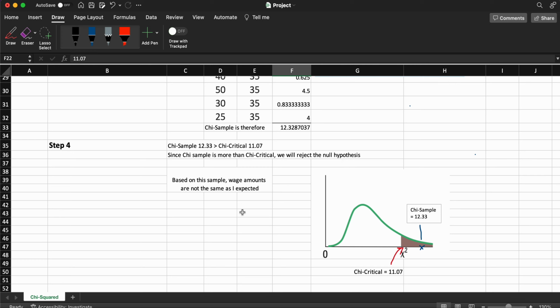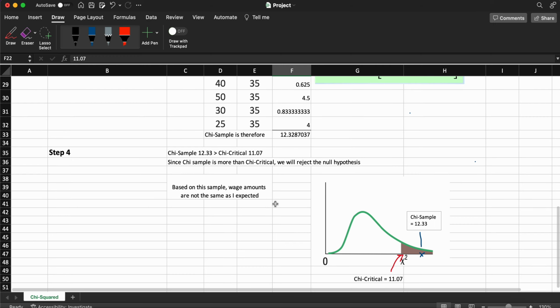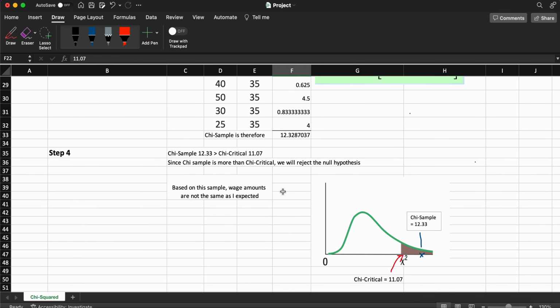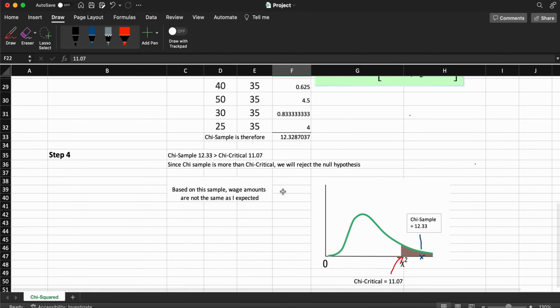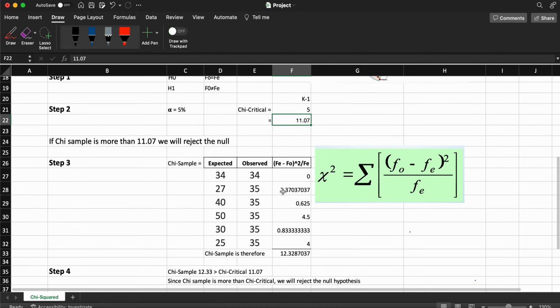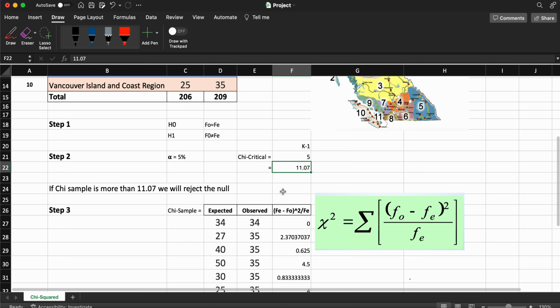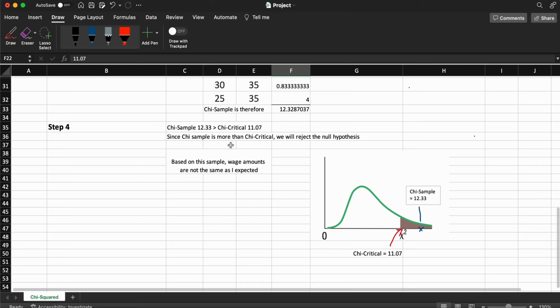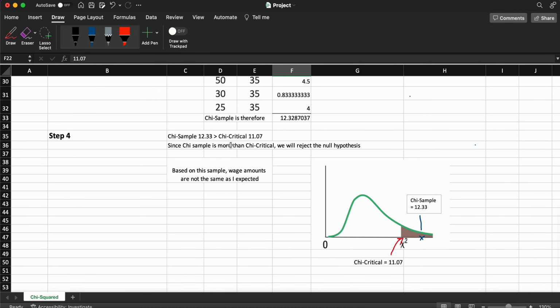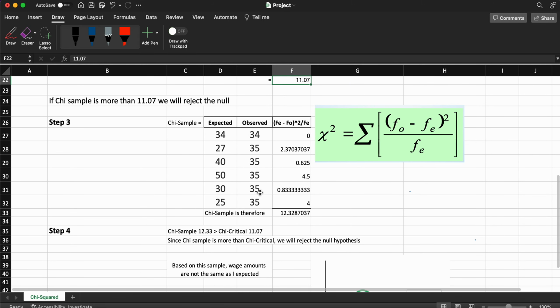And so based on the sample, wage amounts are not the same as I expected. Since I reject the null, it's not the same. So the wage amounts are not the same as I expected.